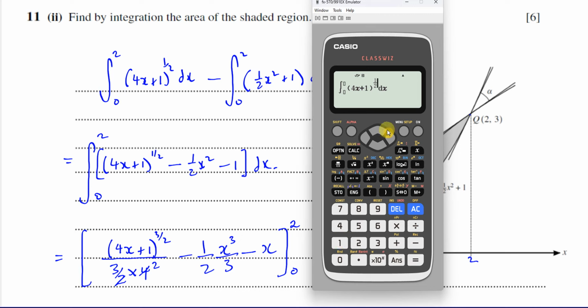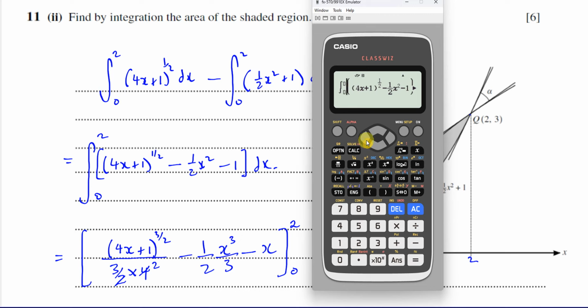Okay, and I'm going to have minus a half x squared. And then going to have minus 1. Close that bracket. I'm also going to put another bracket on this side to keep everything in that one bracket. So I'll put a bracket here.